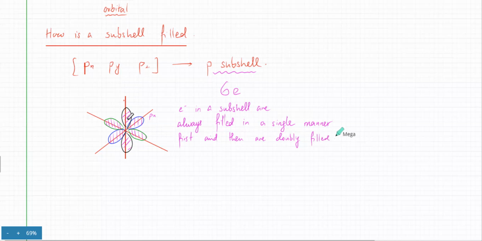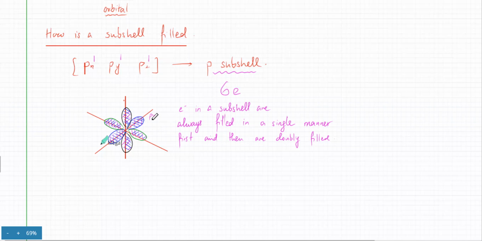Once you've added one electron in each of the orbitals, and electrons are always written on top of the orbitals like an exponent, then the fourth electron would start pairing, and the orbitals would become doubly filled. Then the fifth electron would occupy this particular orbital, and then the sixth electron would occupy this particular orbital.